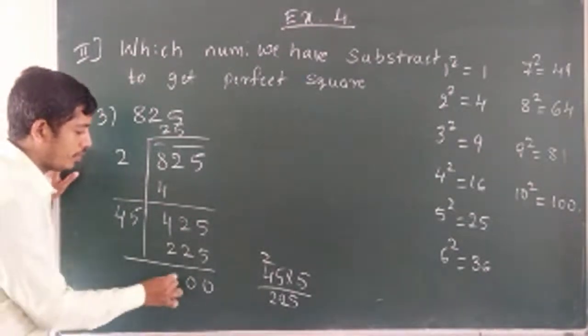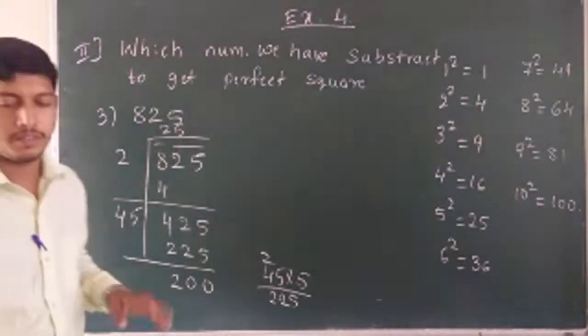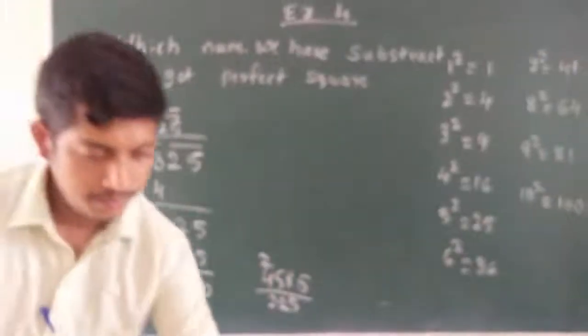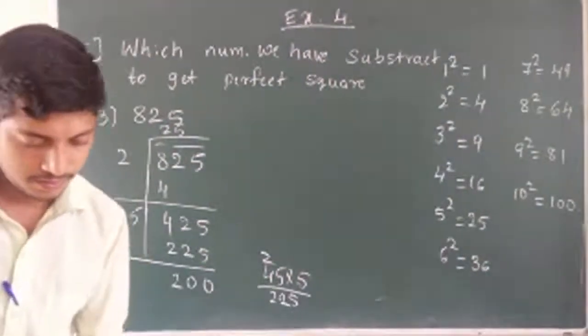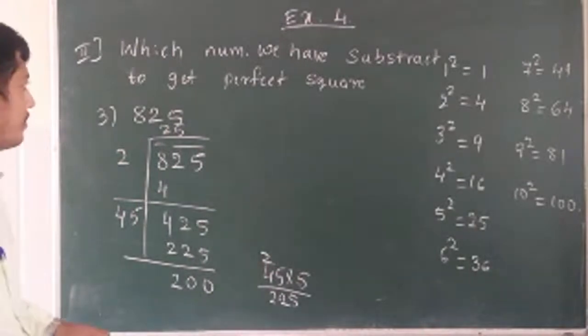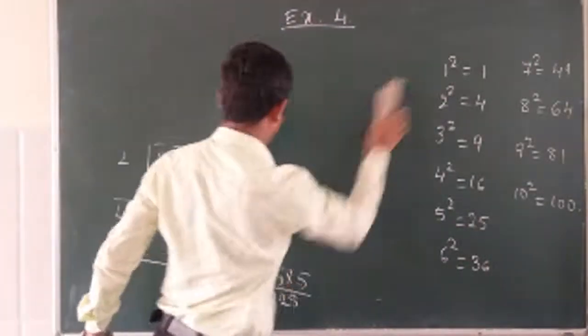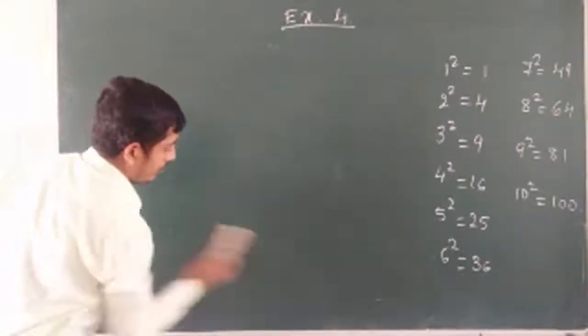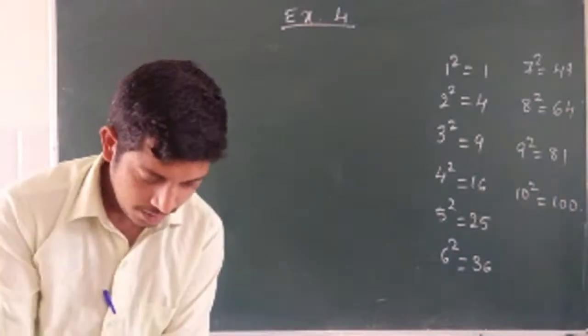Then 4 minus 2, 2. Okay, I will check this one and I will solve this later. So I will solve the next one now.